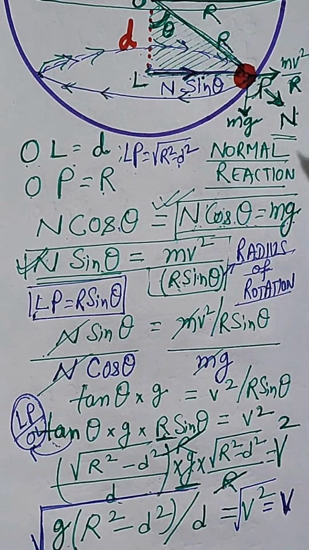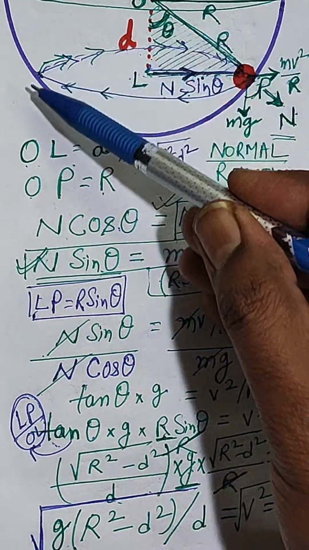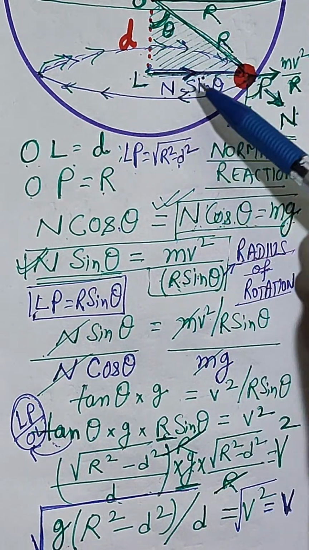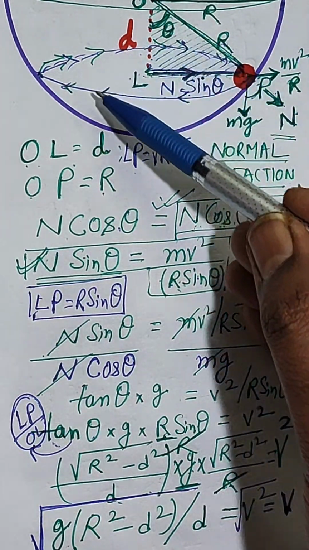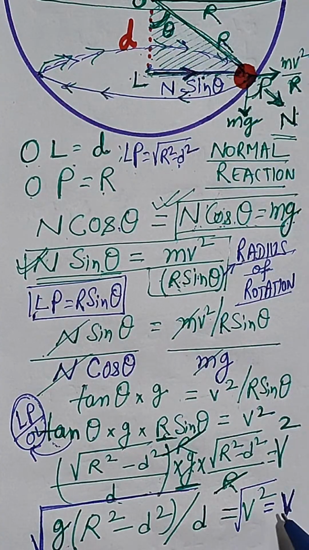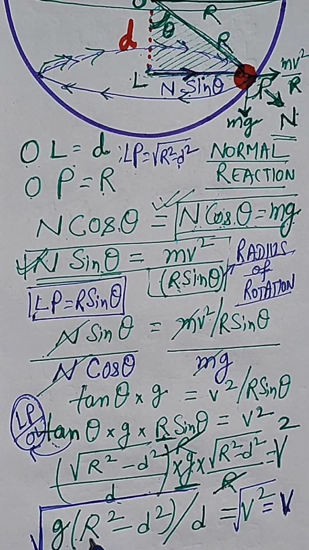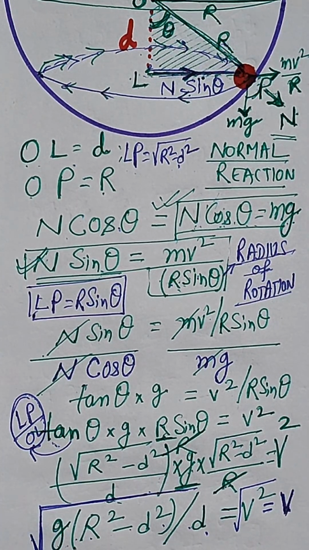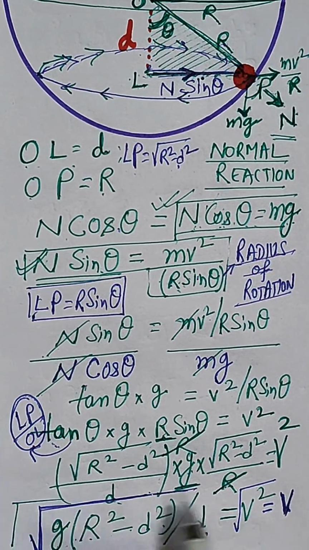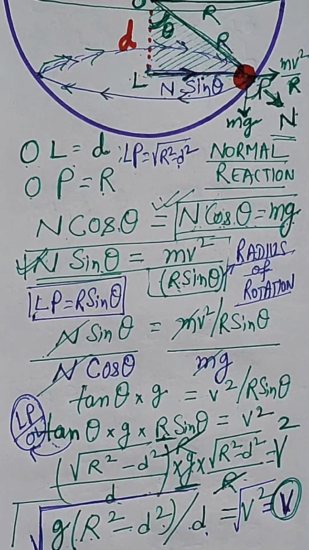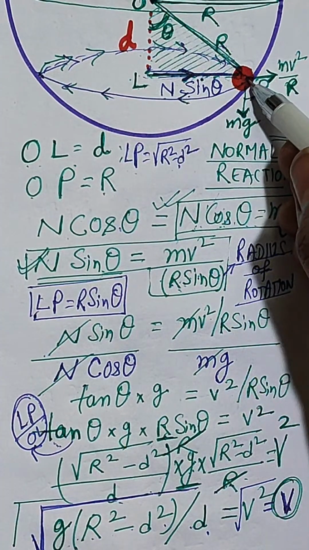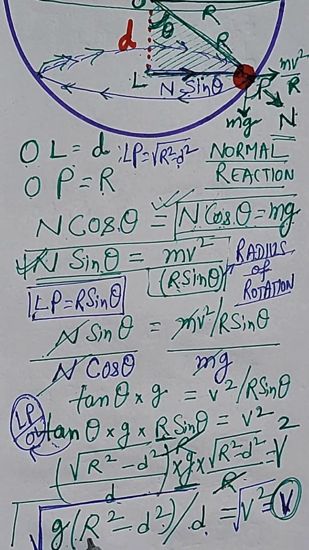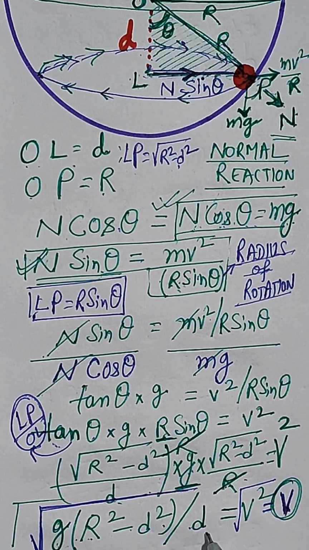So this is the velocity of the particle which is rotating inside the bowl, right students? So in this way this question is solved and the value of v, the velocity of rotation of this particle, is calculated, right? V is root over g times r square minus d square divided by d.